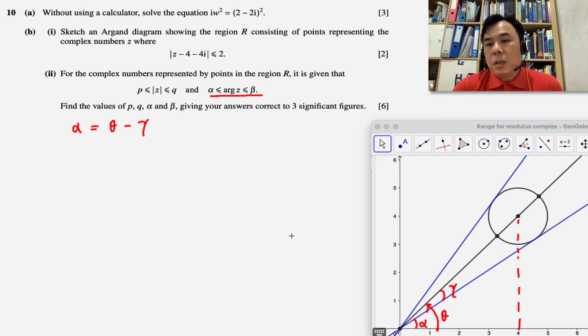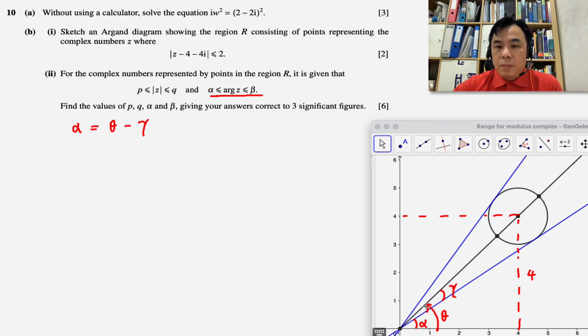That is how we obtain alpha itself. Now, first of all, theta can be obtained quite easily because we know that this is 4 units long, and the run is also 4 units long.